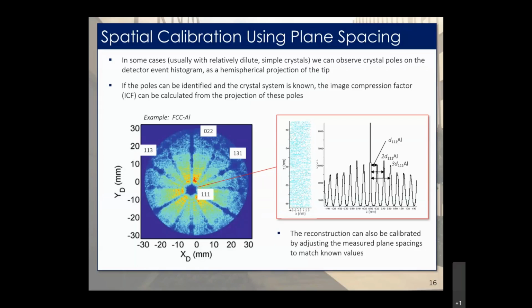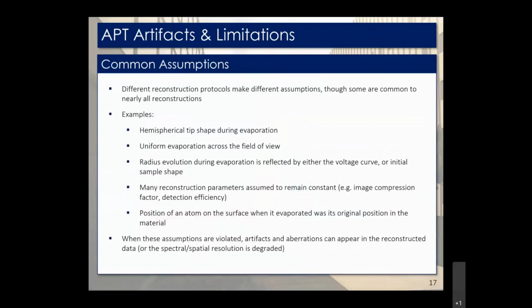So in this case, with aluminum and the 111 pole, we can look at the d-spacing that we get at 111 and compare it to the known d-spacing for aluminum, then adjust our reconstruction parameters accordingly until we get a d-spacing that works. And we can do that for the other poles as well to help build our spatially calibrated reconstruction. So there is other information that you can bring in. But sometimes that won't always be the case.